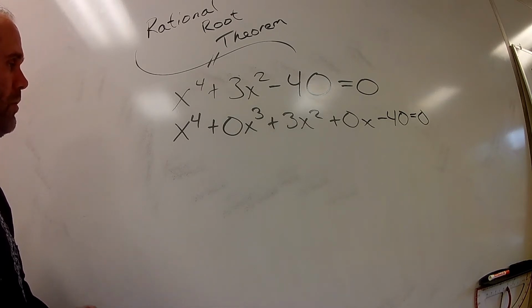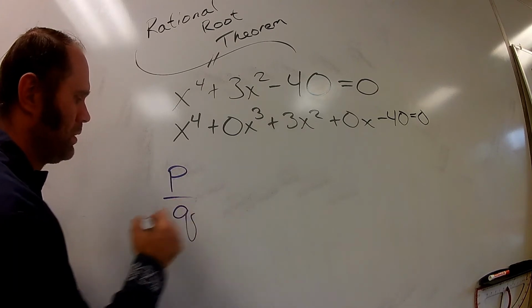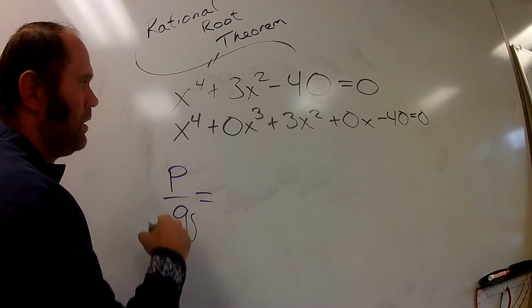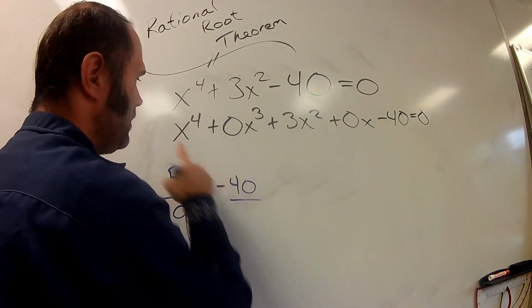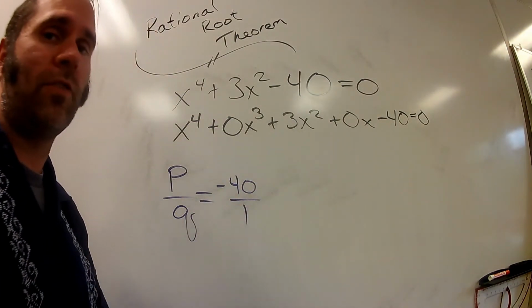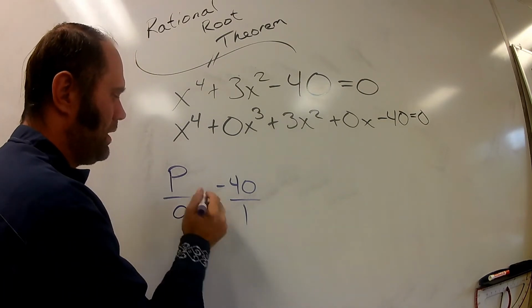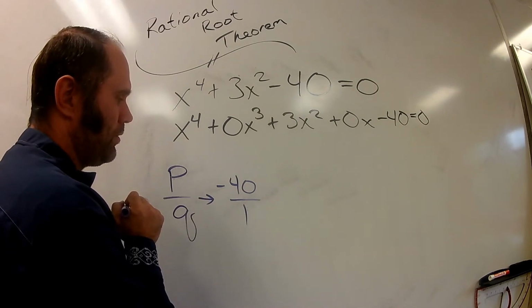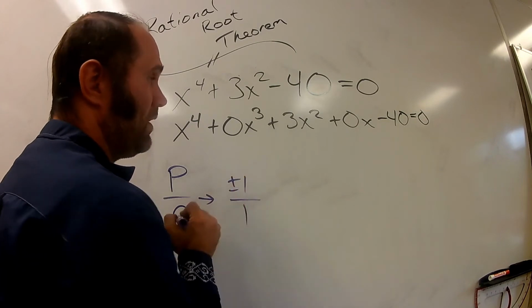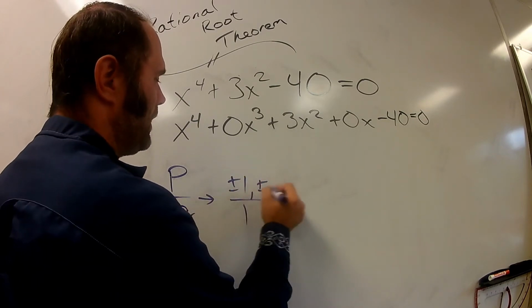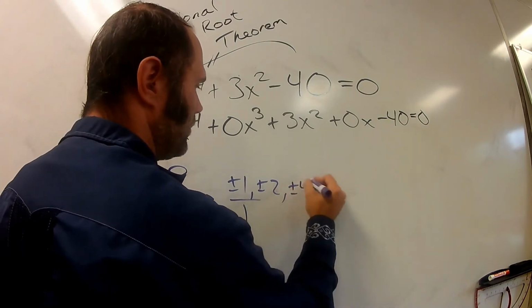So the possible rational roots are when you take p divided by q. We're going to say p is negative 40 and q is 1. So this is actually really nice. Remember, we want to find all of the possibles. So all the possibles of 40 are plus or minus 1, and these are factors of 40, plus or minus 2. 3 does not go into 40. 4 does though, plus or minus 4.